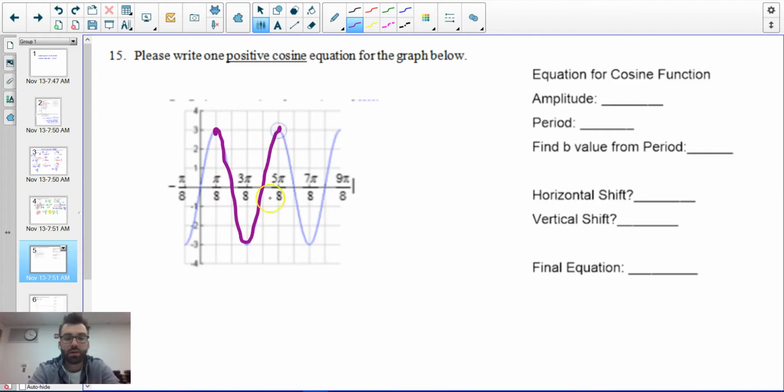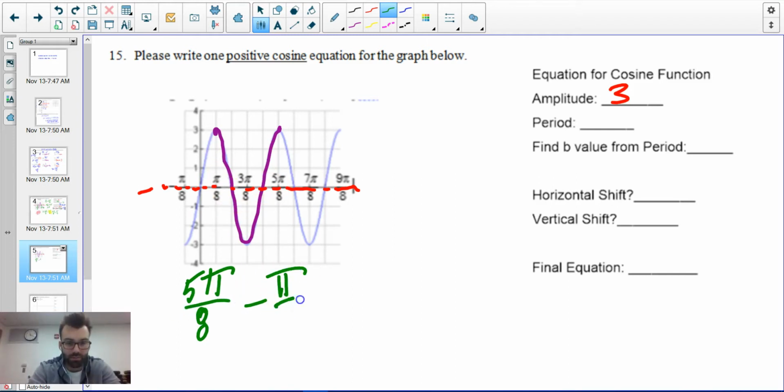Right away, I can tell that my midline is still here, so my amplitude is still 3. The period: I end at 5 pi over 8, and I start at pi over 8.